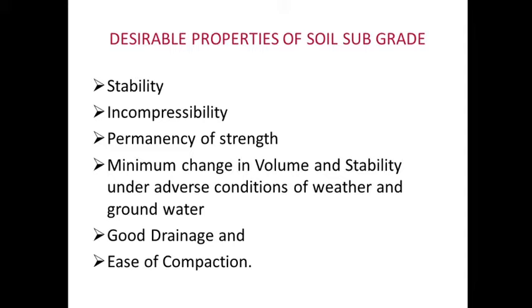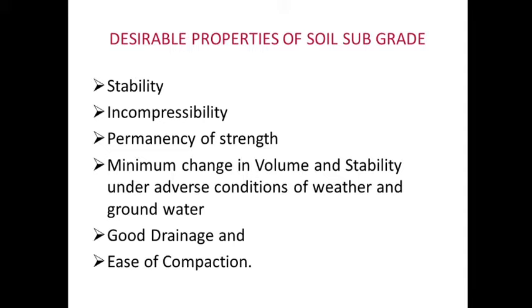The subgrade should have stability, it should not be compressible, it should have permanency of strength, minimum change in volume, and stability under adverse condition of weather and groundwater. Then it should have good drainage property and be easy to compact.